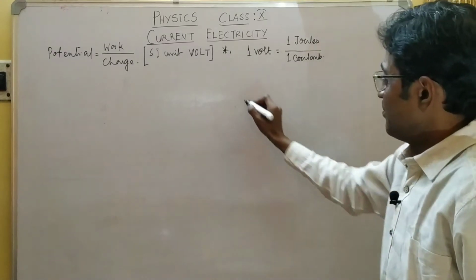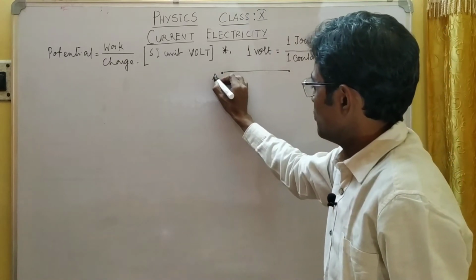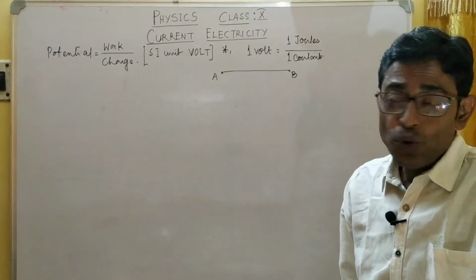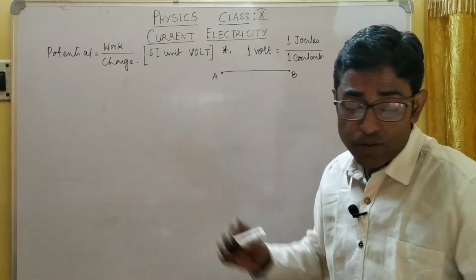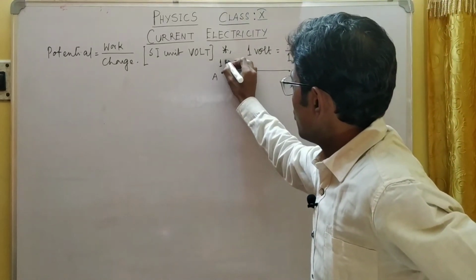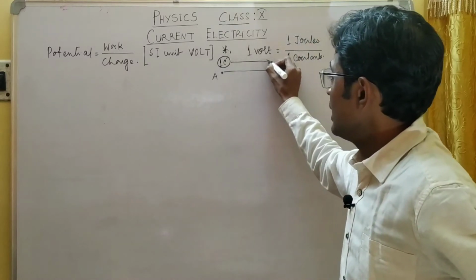So now see, I'll represent it like this. Let us assume this is a conductor AB, and in order to move 1 coulomb of charge, I can write it like this. So 1 coulomb charge, I would like to move from here to here.